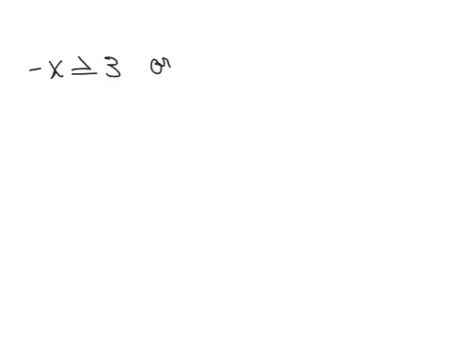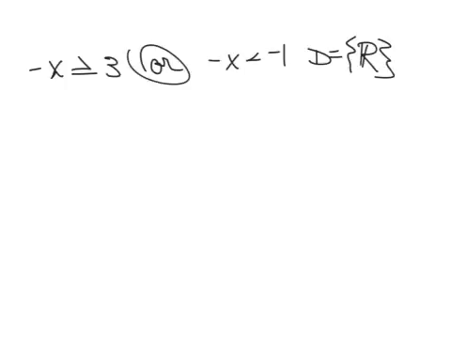Instead of and, we're going to write or. And we'll use our domain, the set of real numbers. Okay, this or means one or the other has to be true. They don't both have to be true, like in a conjunction with and. Just one or the other.